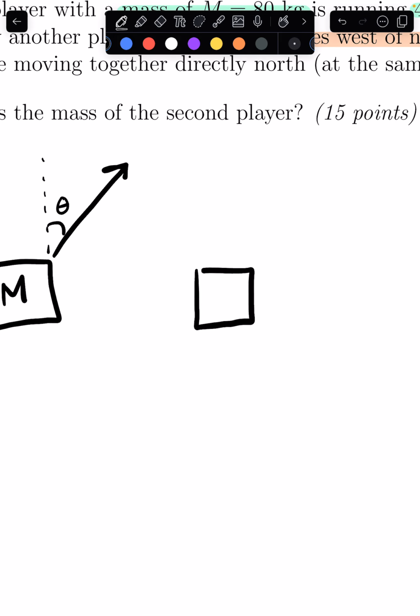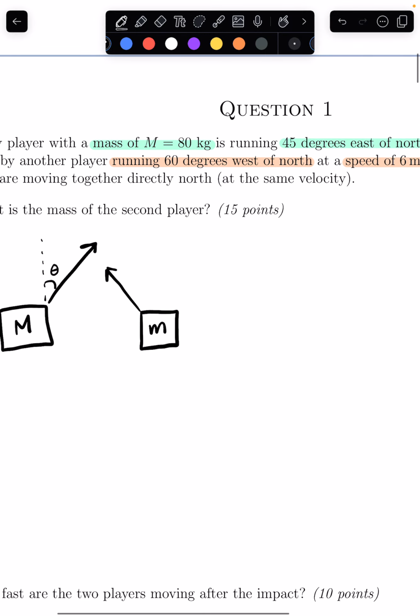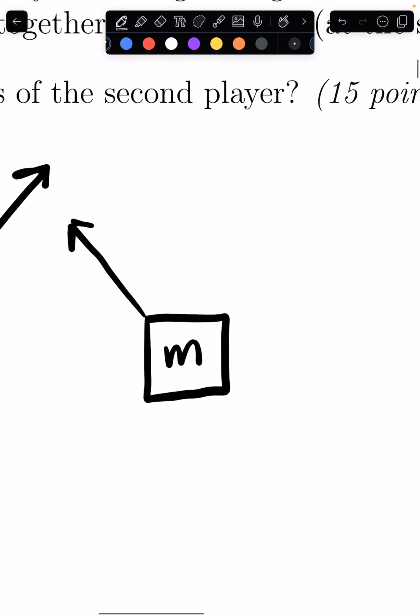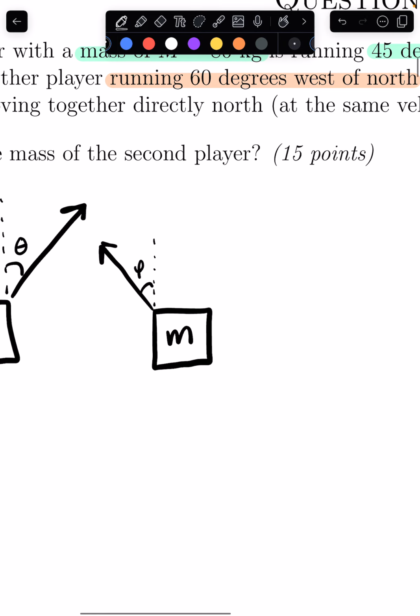Here is our second mass, which I'm going to denote with a lowercase m. It says that they're going west of north, so we start in the north direction and go west from there. And we know that they're going at this second angle, which I'm just going to call phi, which we know is 60 degrees.